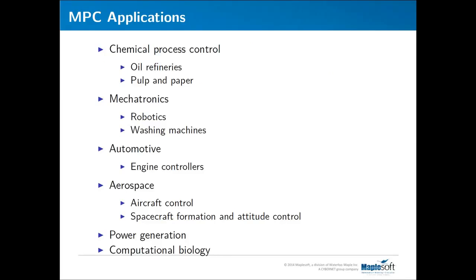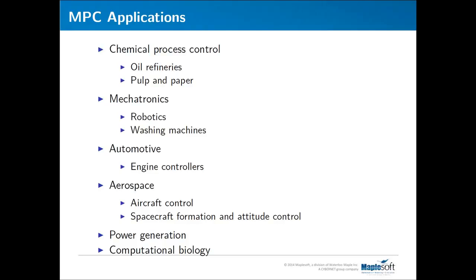At the beginning, MPC controllers were considered computationally expensive. So the first applications were in the chemical industry, where the time constant of your system is a few minutes, and that gives you enough time to run the MPC algorithm and compute the control inputs.